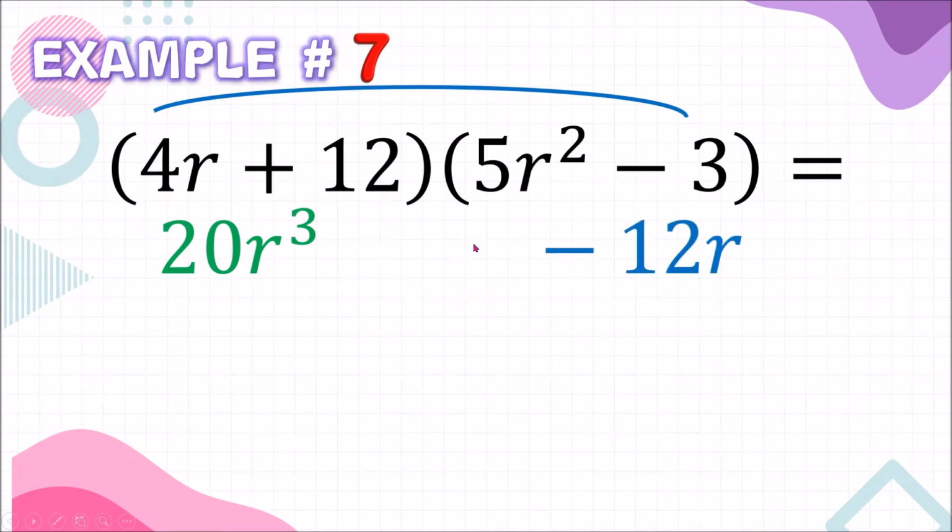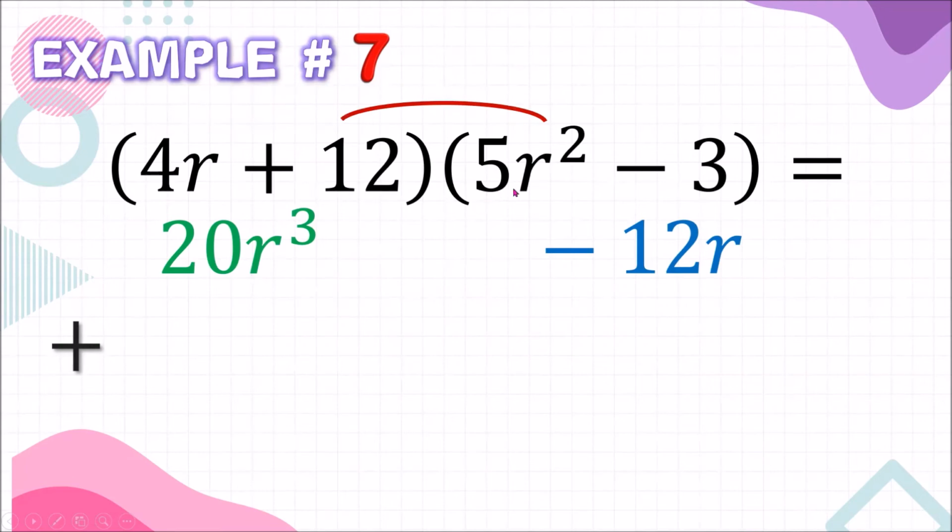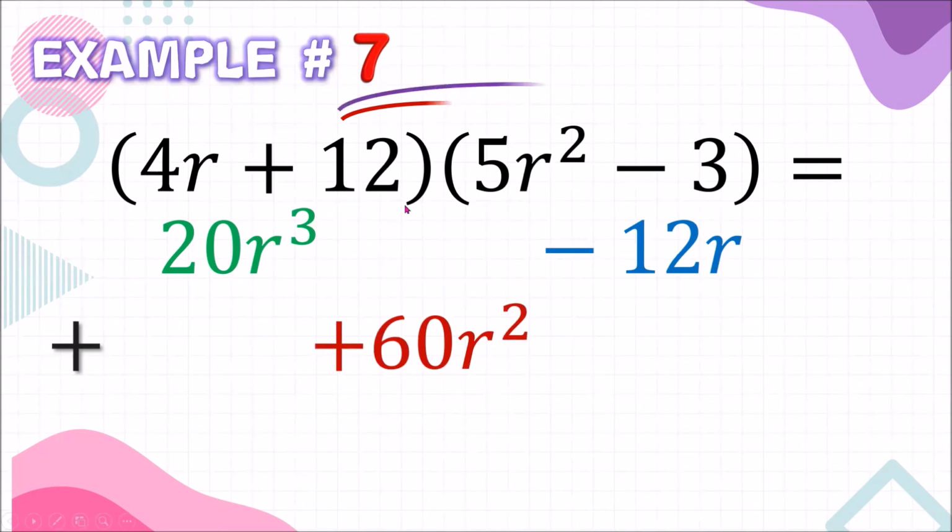And then the inner term, we have here 12 times 5r squared. So we have here 12 times 5, 60, and then just copy r squared, positive 60r squared. And then the last term, 12 times negative 3. So we have here negative 36.